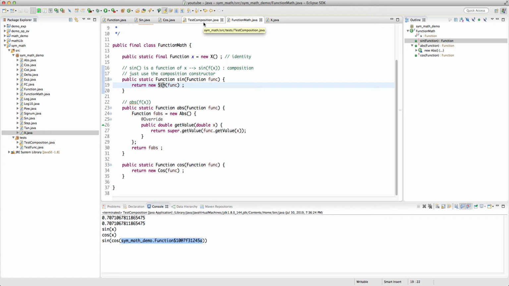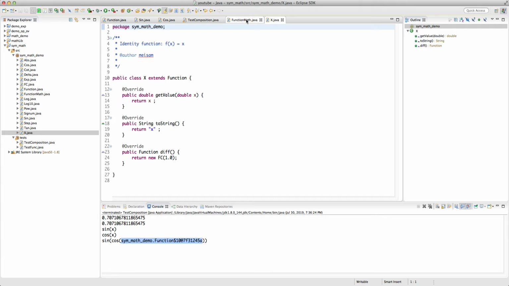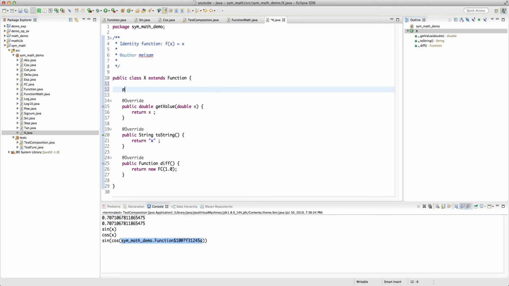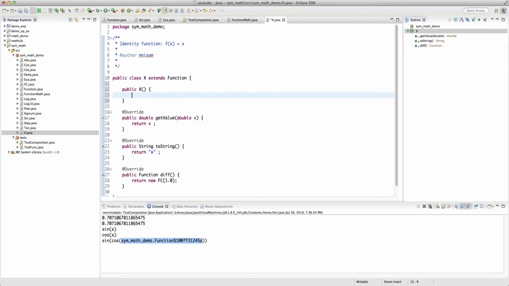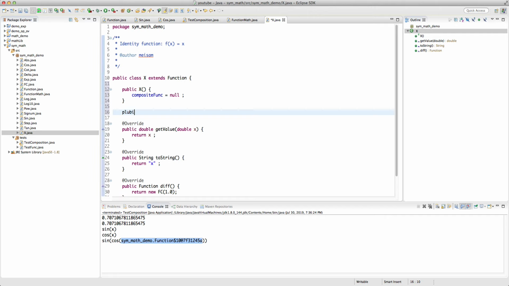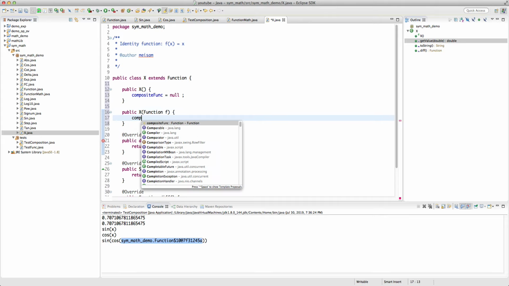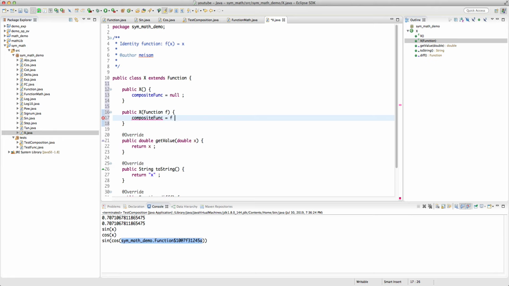The way we're going to do it is, let's add the public x and composite func equals null, and public x function f, composite func equals f.